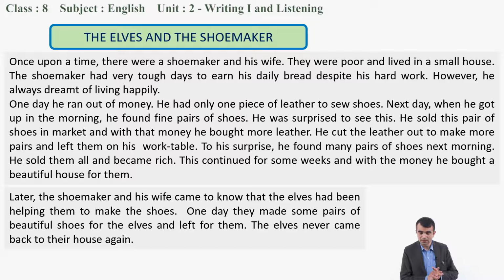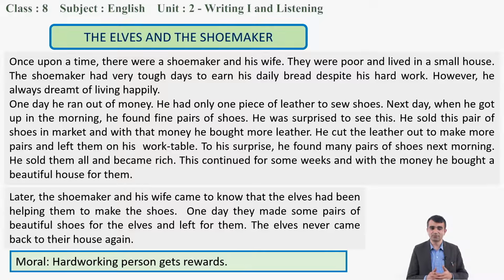What do you think the moral is? What moral lesson do you get from this story? Write it at the end. Moral: a hard-working person gets rewards. This can be the moral. You can do it easily, can't you?